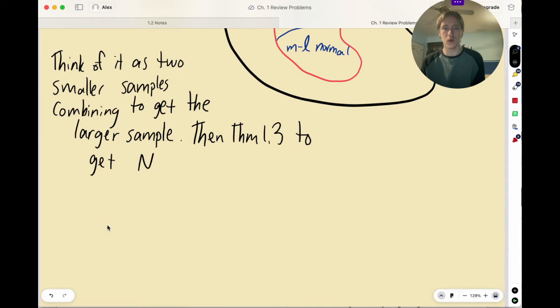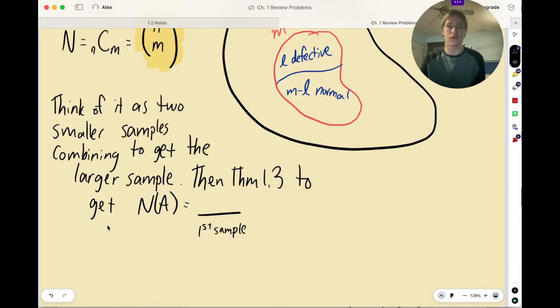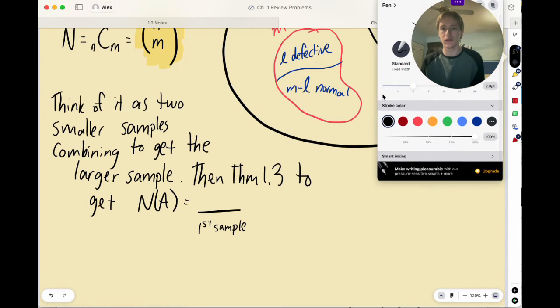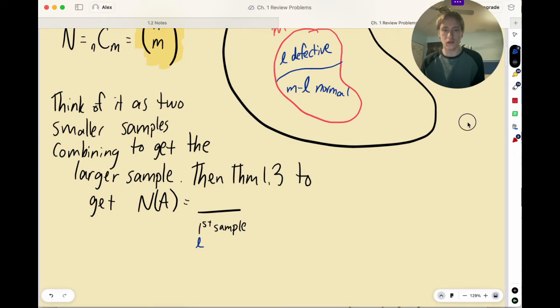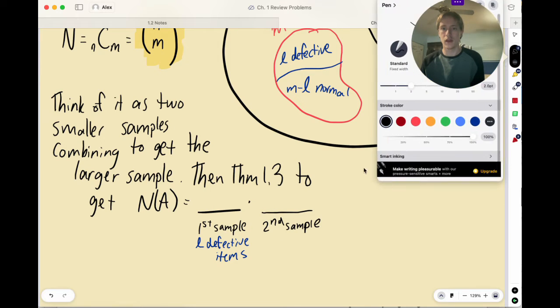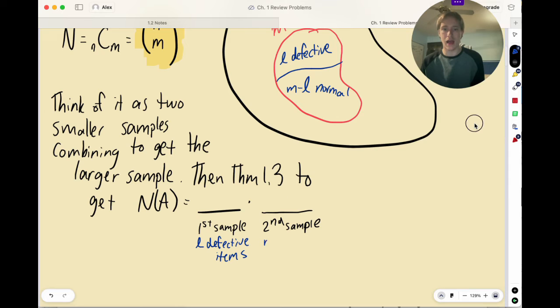to get that the number of ways A can occur is the number of ways where the first sample has L defective items, and the second smaller sample has m minus L normal items.